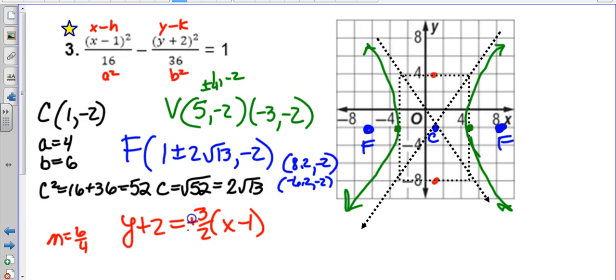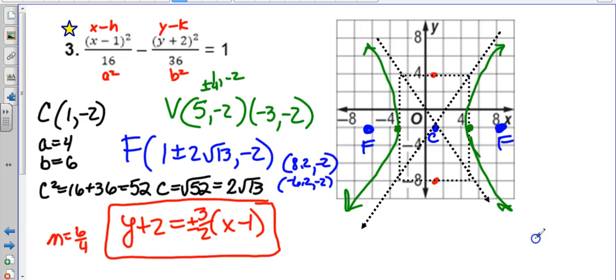And it should be plus or minus. Perfect. Anybody lost? Ayana, are you kind of seeing where the rectangle helps on one like that? Yeah, I wouldn't want to have to draw those asymptotes out by hand without the rectangle.